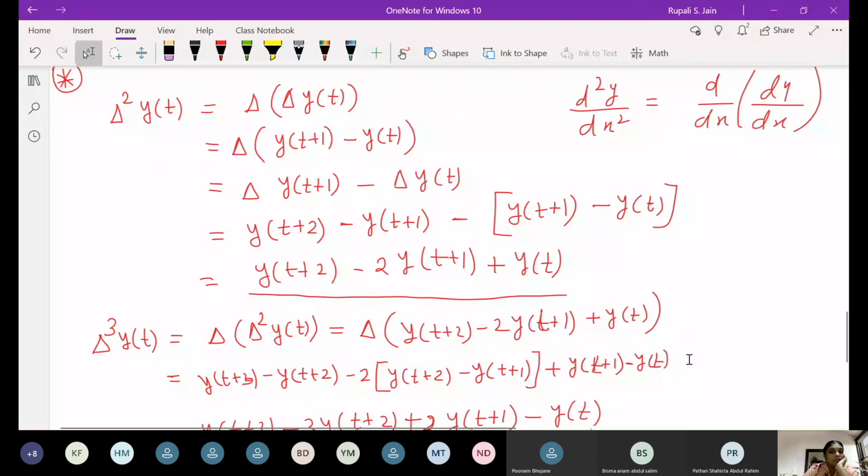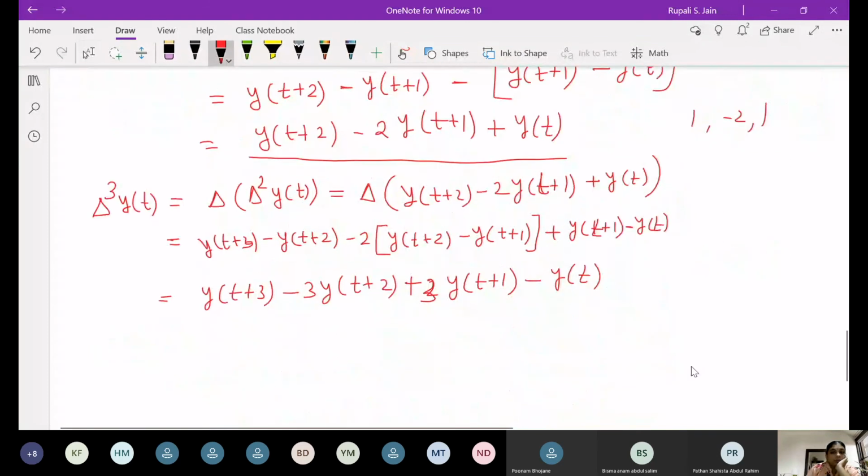Delta square here is 1, minus 2, 1. Then here 1, minus 3, 3, minus 1. It is like a plus b, a plus b square, a plus b cube, and so on, right?